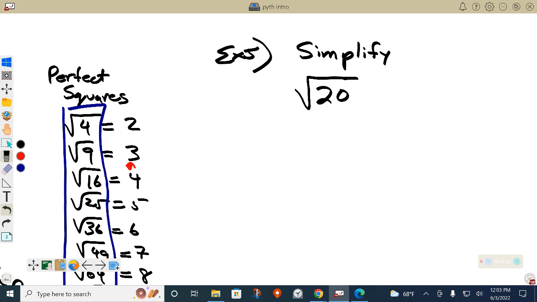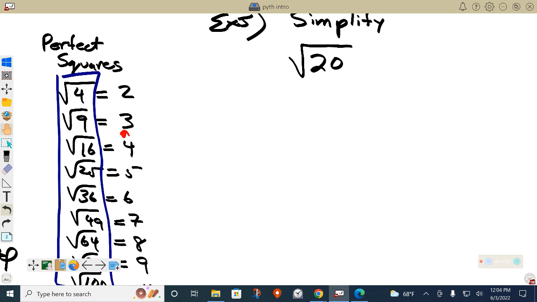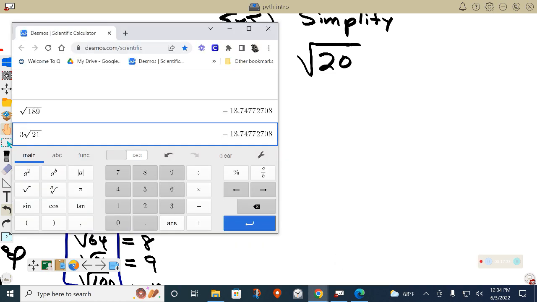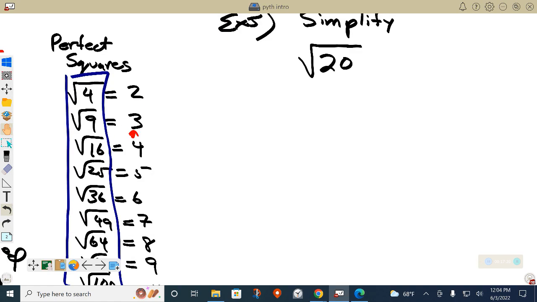Go write simplify square root of 20. Square root of 20, that's irrational. In other words, if I type that in a calculator, it's going to be an infinite decimal. Watch. Square root of 20. Yep, it's irrational. So what I want to do now is simplify it.